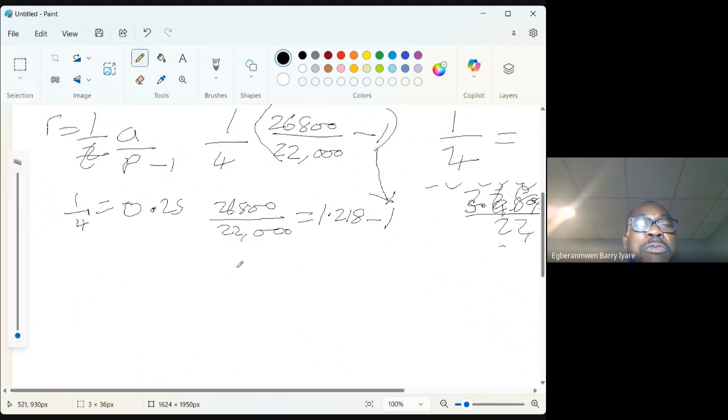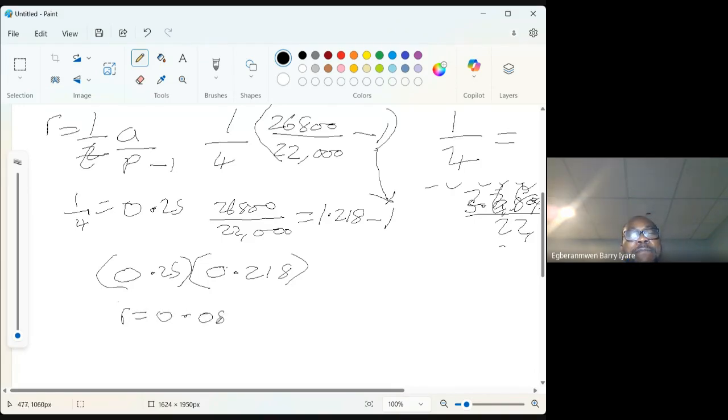We have 0.25 bracket 0.218. That is multiplication now. 0.25 times 0.218. When you carry out that multiplication, you will get R equal to 0.0545, which is in decimal.